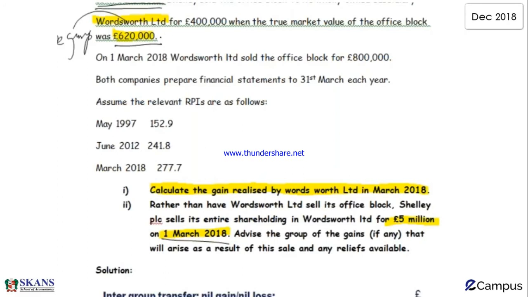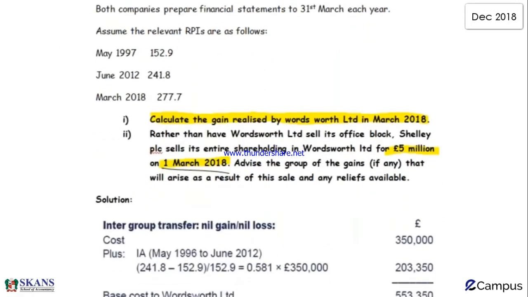We will be using proceeds of 620, and we will be deducting an indexation from 1997 to June 2012, and that would be the gain which would have been chargeable if it was not a no gain, no loss transfer, or the gain which is now called the degrouping charge. And then this gain would be added into the sale proceeds of 5 million.